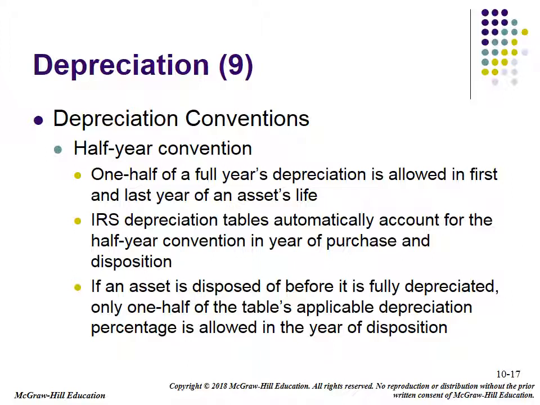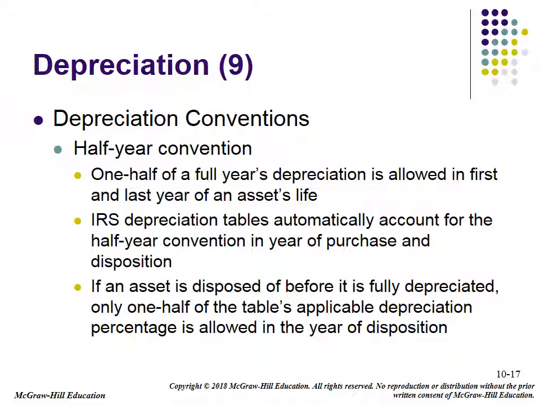Well, to find a common ground, the IRS said, we're going to assume under these half-year convention tables that we create that all assets in the first year were purchased halfway through the year. So if you're a calendar year taxpayer, no matter when you bought that asset during the year, you can take half a year's depreciation on it.